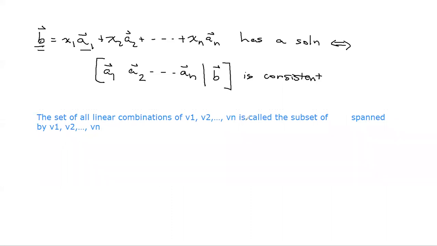It is the subset of Rn that's spanned by those vectors, which we can also write as the span of the set v1, v2 through vn. Our previous example was asking whether this specific vector is a linear combination. If we look at all the vectors that are linear combinations of those vectors, that's called the span. So instead of asking whether this is a linear combination of these vectors, we could ask whether this vector is in the span of these vectors.